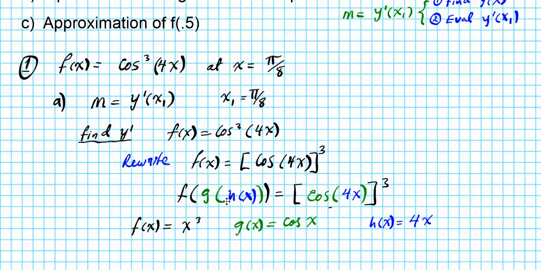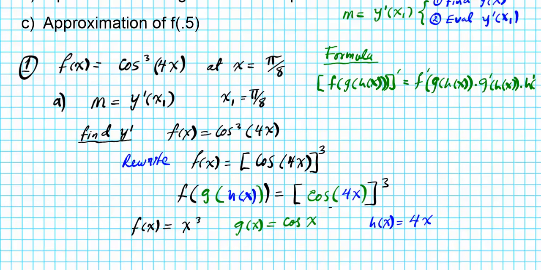Okay. Now, how do you differentiate the composition of three functions? Let's write down the formula here for the chain rule involving three functions. If you compute f of g of h of x, prime, this is equal to the derivative of the outermost function evaluated at the composition of the two inner functions, times the derivative of the middle function evaluated at the inner function, times the derivative of the inner function.